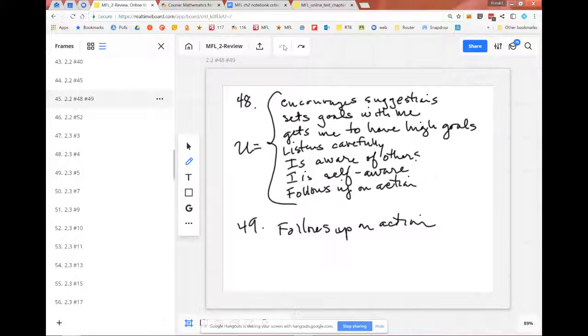In other words, is there anything in this universal list that is not in the first year? And again, that's the follows up on action. Yep. I don't know why I had a brain block for those. I think it's just because they're written out, but thank you.